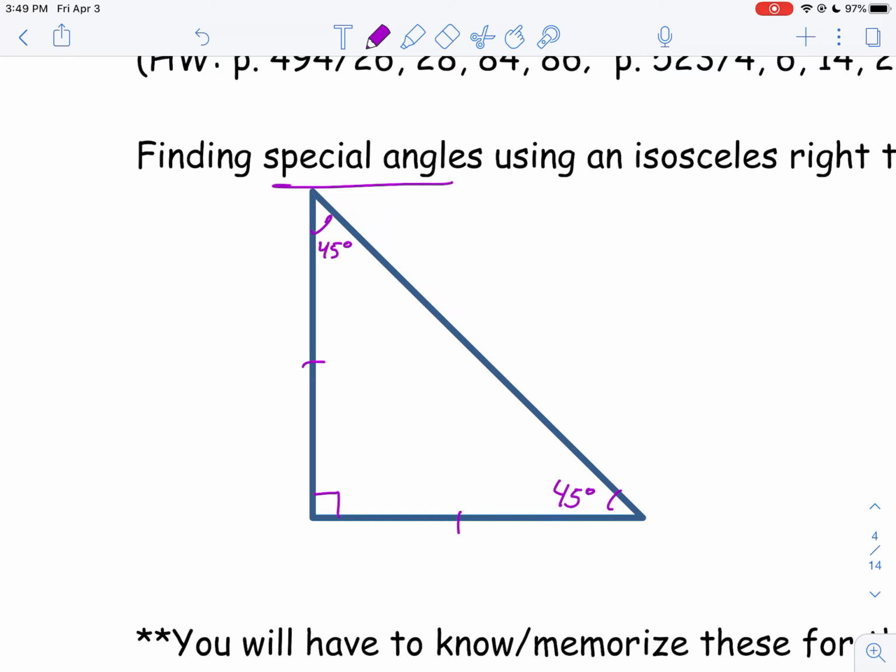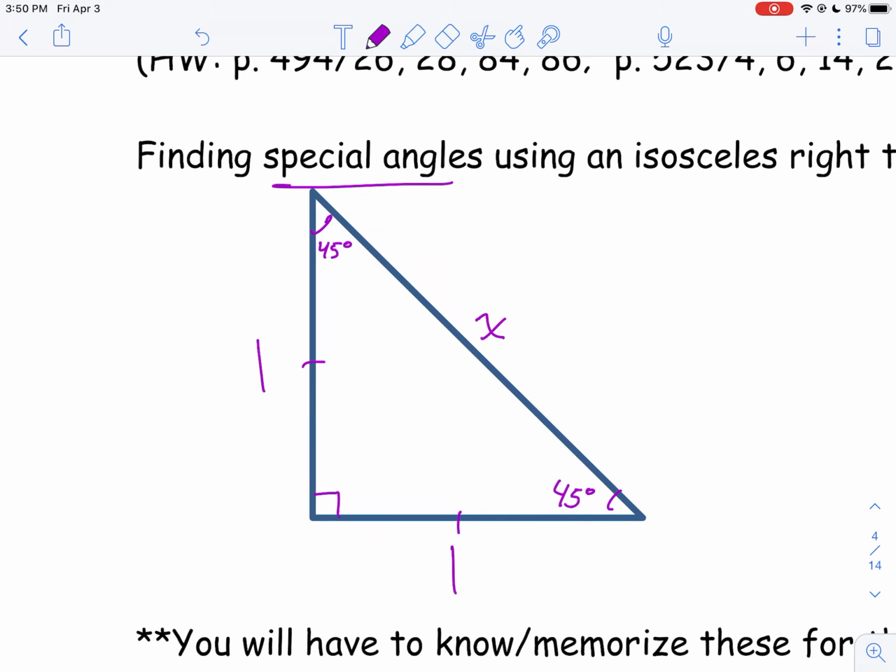Now, for this example, I'm going to pick and say, let's let this side be 1. We could have made it anything, but for my example, I'm going to choose 1. If we're going to make that 1, then this leg is how long? Well, since these angles are congruent, these opposite sides have to be congruent. Hopefully that makes sense to you.